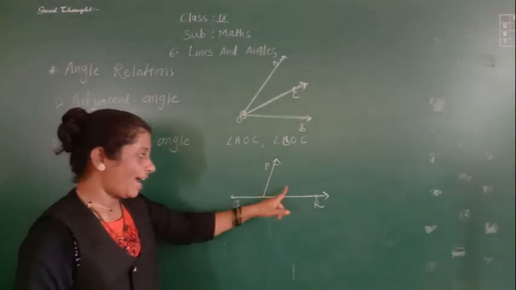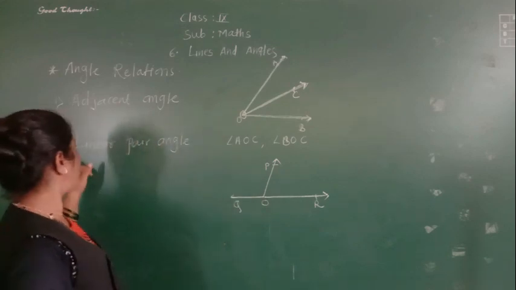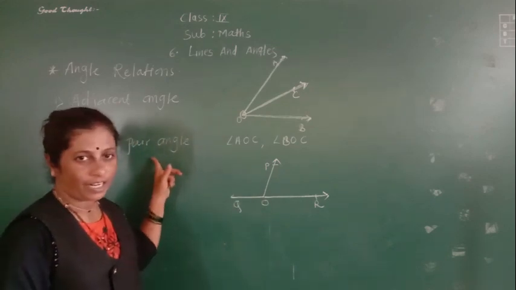Then these adjacent angles, we can say, are a linear pair of angles, right?